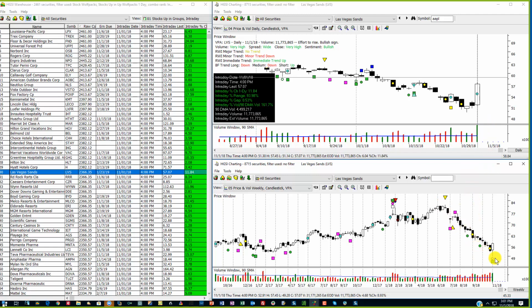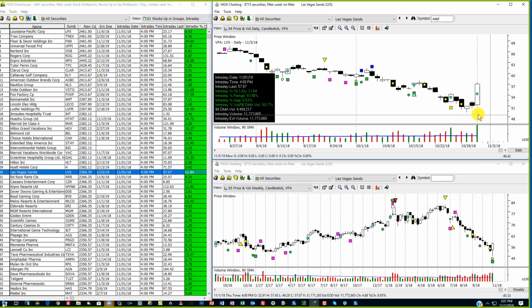They don't always work, but you get a nice combination along with a daily chart up here, which is showing an effort to rise with heavy volume. This is an opportunity to possibly get in at the bottom. Generally, it's not something I like to do, but there are people that like to do it, and you have the insight to do this using this program.